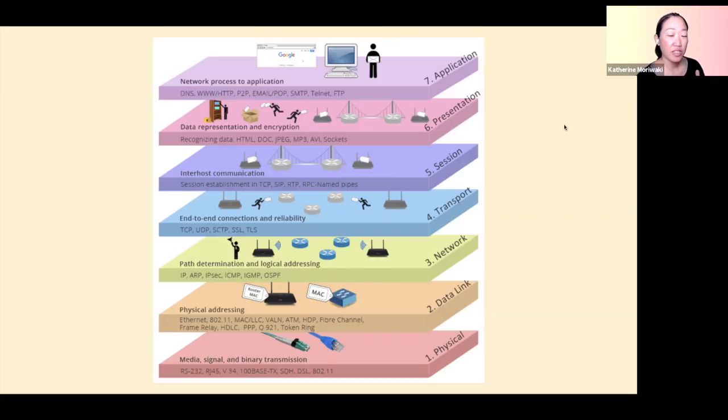And each of these different layers actually represents a kind of abstraction about how a protocol and how a series of communications between different kinds of devices might be structured in order to facilitate the transfer of data.